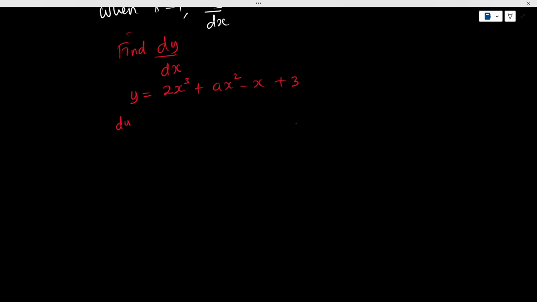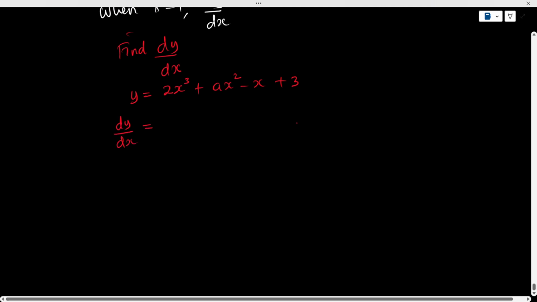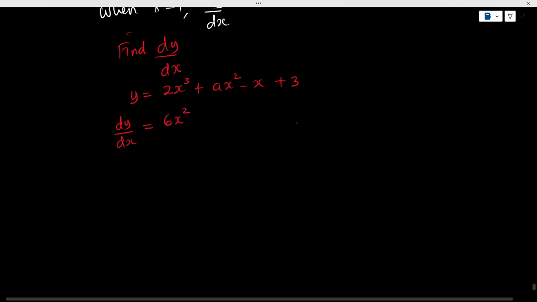Now let's find the derivative of this function. dy/dx is going to be very straightforward. We're going to get 9x squared here plus 2ax. Remember, we're multiplying this a by 2, and then we're reducing this exponent 2 by 1.